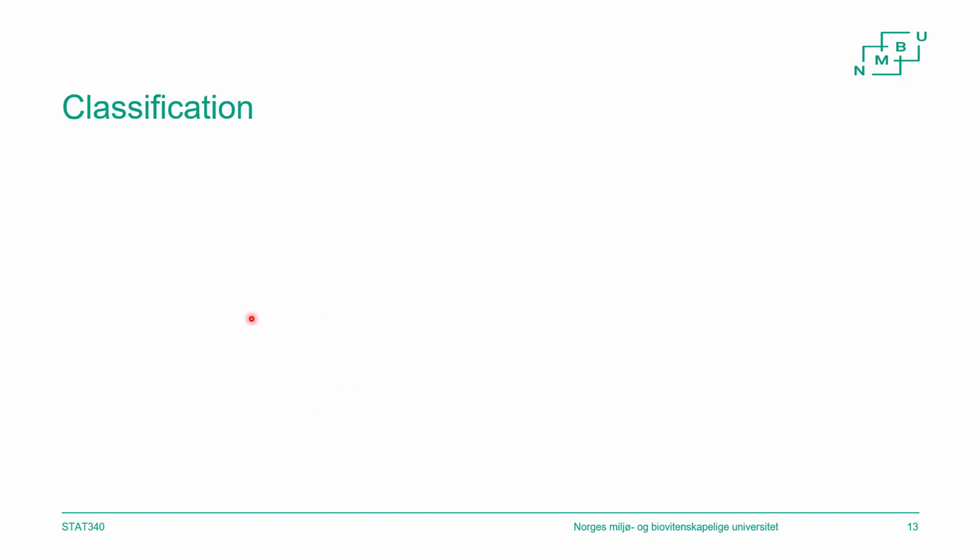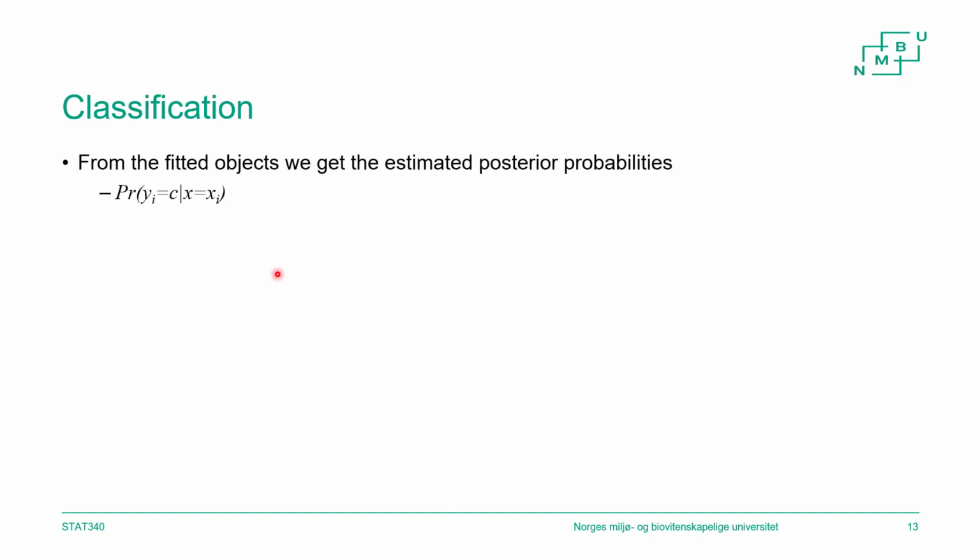The classification. Once you have fitted the objects, we get estimated posterior probabilities. This is what we get directly from these logistic regression type fitted models. We saw that we get the probabilities; the fitted values are exactly these posterior probabilities.